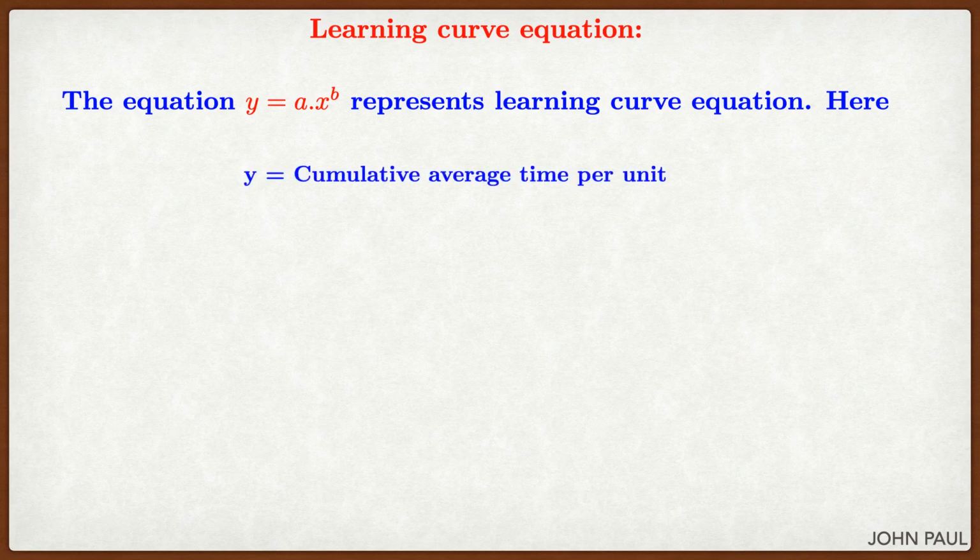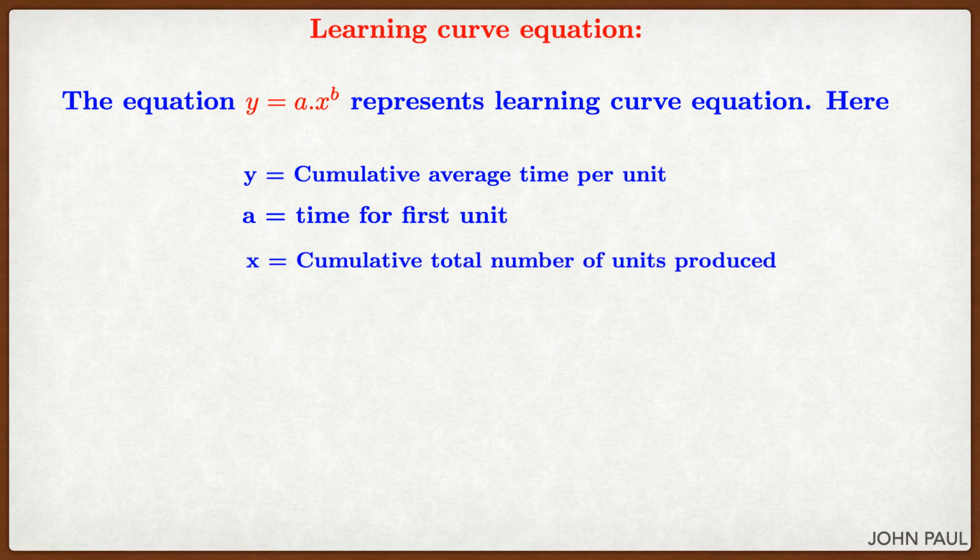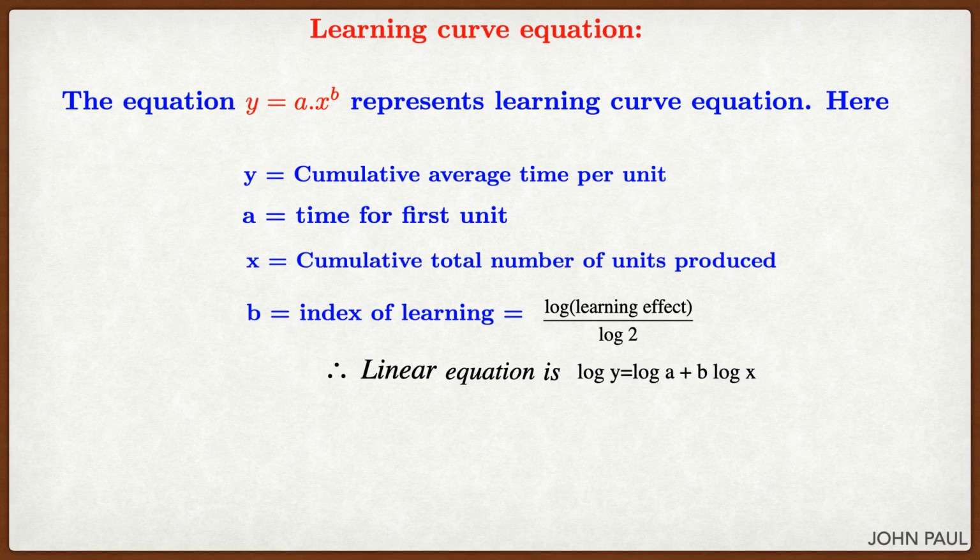Here y is the cumulative average time per unit, a is the time of the first unit, x is the cumulative total of units produced, and b is the index of learning, or learning index, which equals log of learning effect divided by log 2. Therefore, the linear equation is log y = log a + b log x.